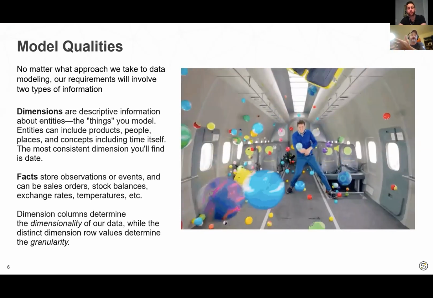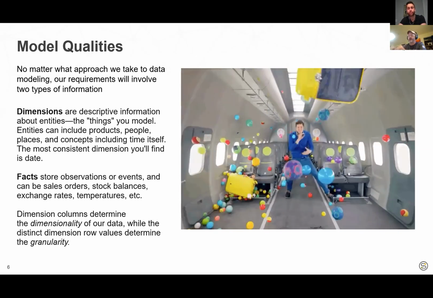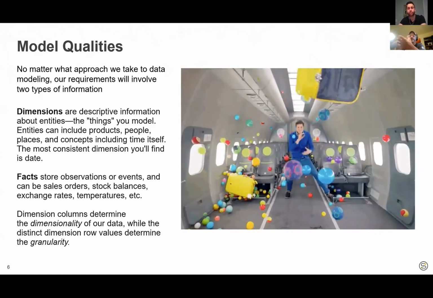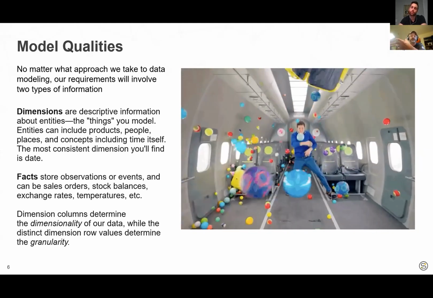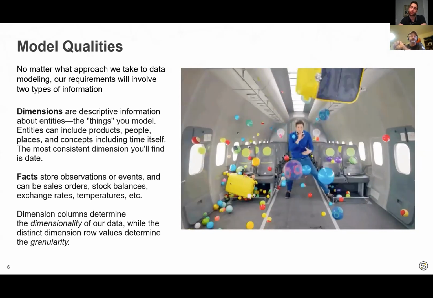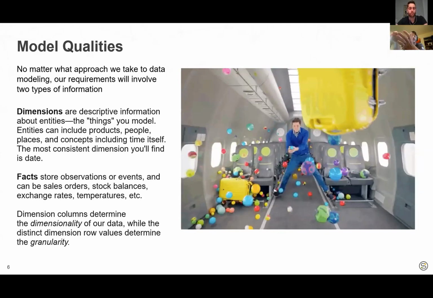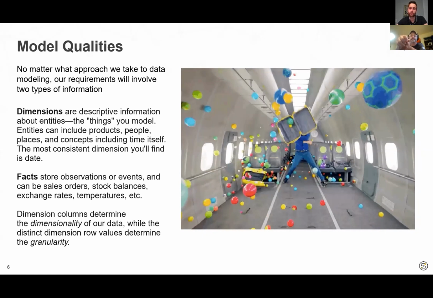Entities can be products, people, places, concepts, including time itself. In fact, the most consistent dimension you're going to find across all the data you work with is always going to be date and maybe time. In contrast, facts are where we store observations or events, and these can be things like sales orders, stock balances, exchange rates, clicks, impressions, temperatures, etc.